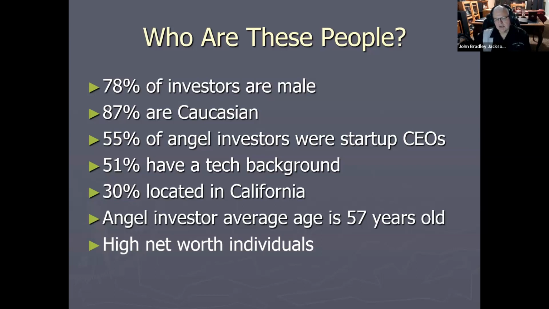About 30% of the angel investors in the US are in California, and Southern California has a very large number of angel investors. Venture capitalists, not so much. They're up in Silicon Valley. The average age of that angel investor is 57 years old. And yeah, they got money. They're high net worth individuals who made money through corporate life, through startup life, whatever it is.